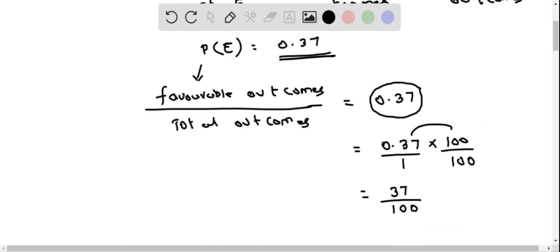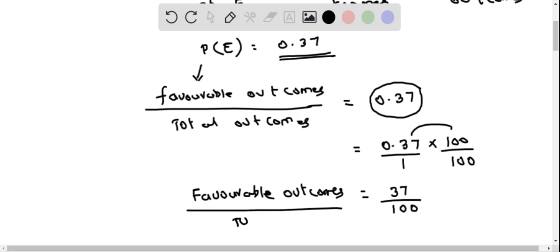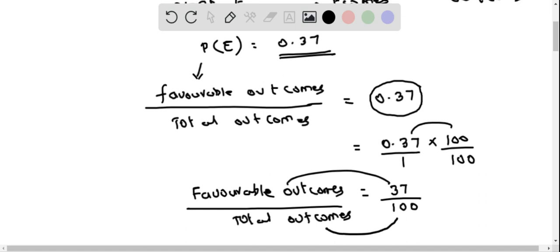And this means on the left side we have favorable outcomes divided by total outcomes. So we can now equate these two as well as equate these two in the denominator.